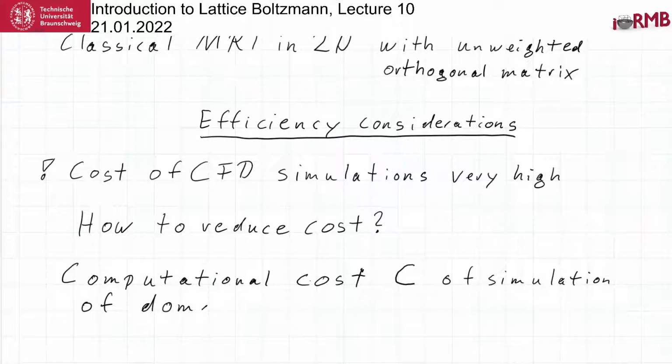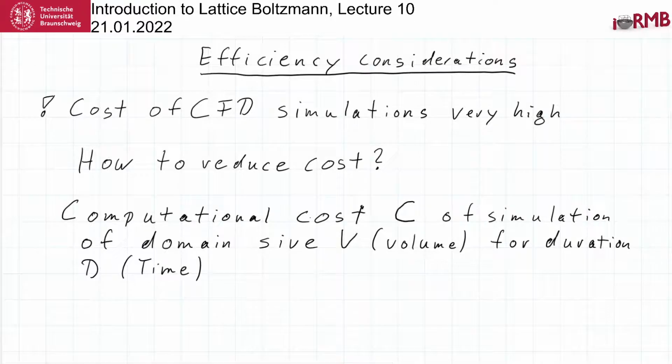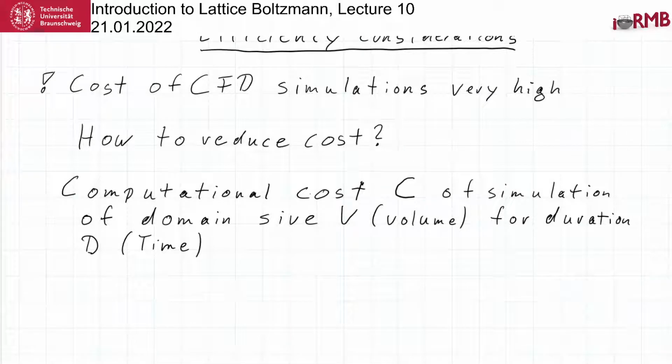So you have a domain of a size V, which is the volume that you want to simulate. And you want to simulate this for a fixed time, so duration D. So this is something that comes in time. So cost, volume, and now duration.